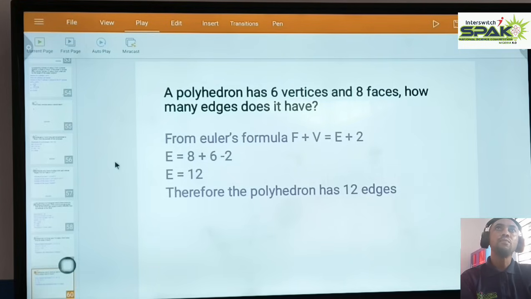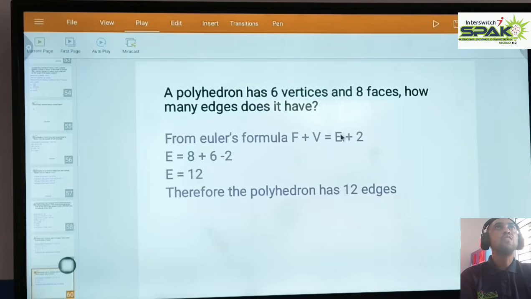Lastly, we have a polyhedron that has 6 vertices and 8 faces. How many edges does it have? Just using the same formula, Euler's formula. We are given vertices to be 6 and faces to be 8. So 8 plus 6 will be 14.